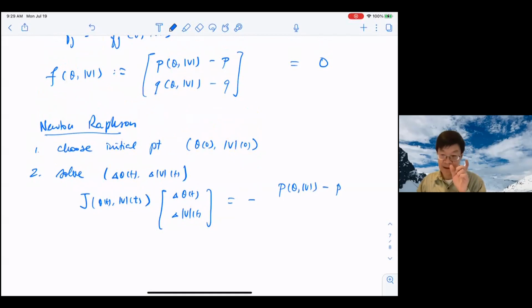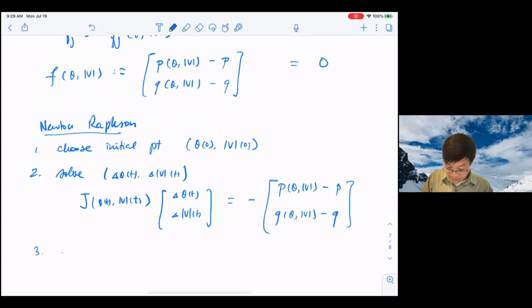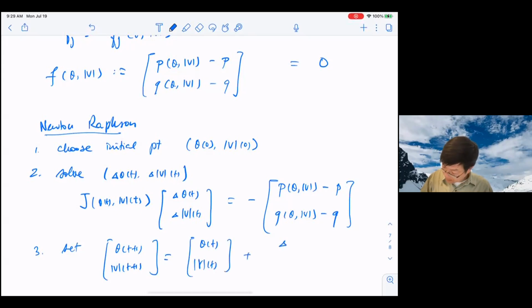So it's the gap. You want them to be equal, and whatever the gap is, that's what drives the update. And then you set theta, v at the next step to be the current plus the delta.